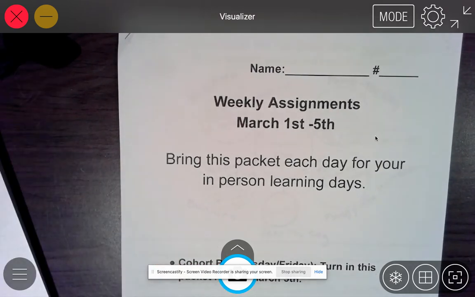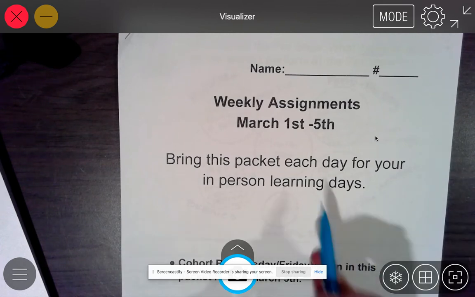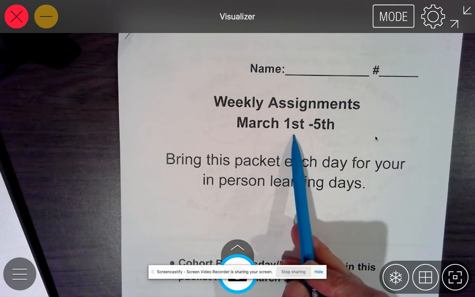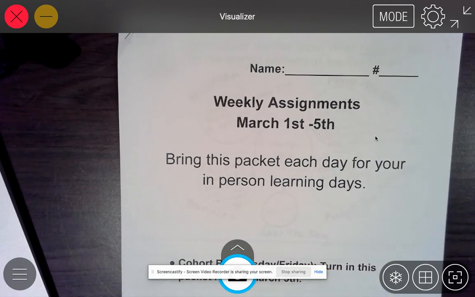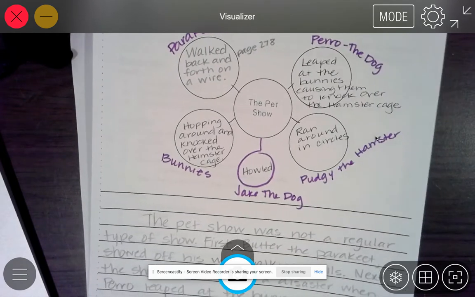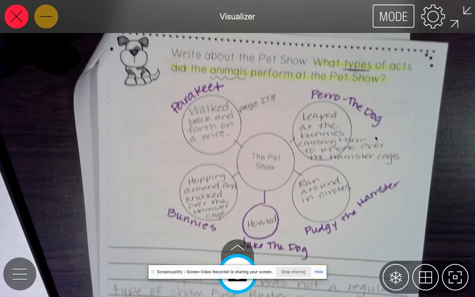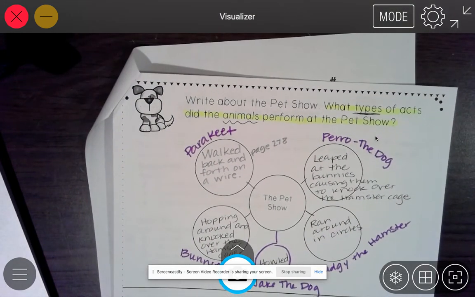So if you take a look at your weekly assignment packet labeled March 1st through March 5th, you're going to notice that the first page in your packet is something that we did yesterday on the Impossible Pet Show. I'm doing my very best to show this correctly.